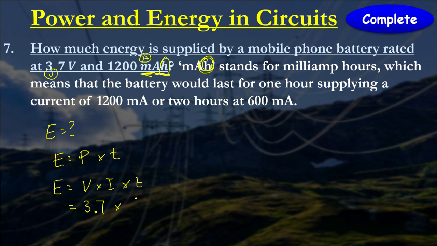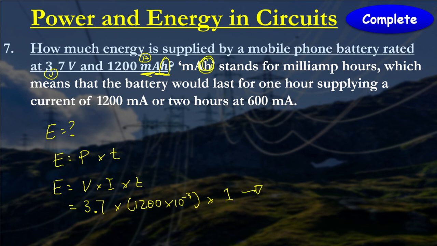The current we already know, that's 1210 to the power minus 3, because that's converting milli into actual amps. And the time we're using is 1 for 1 hour here. Notice I haven't even bothered trying to convert this into seconds, because it doesn't really matter. If we're talking about this in terms of time, we can just leave it as hours here.